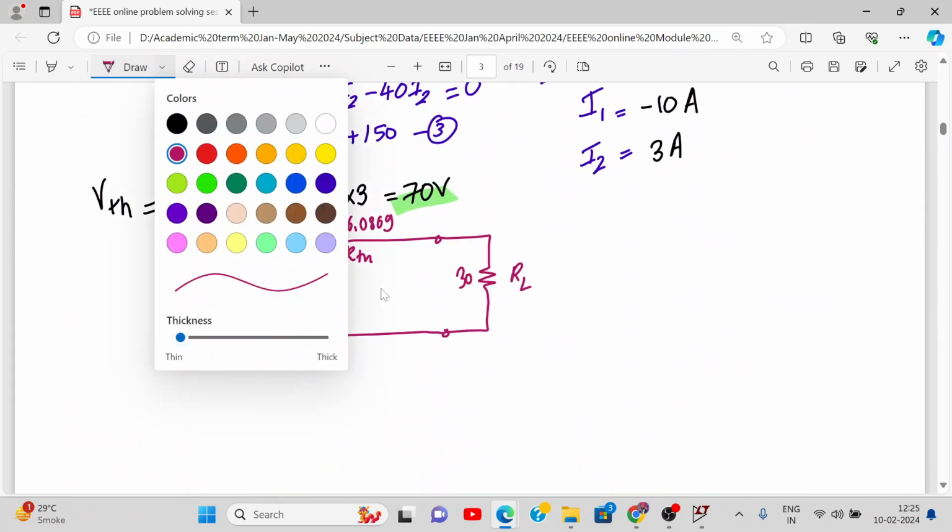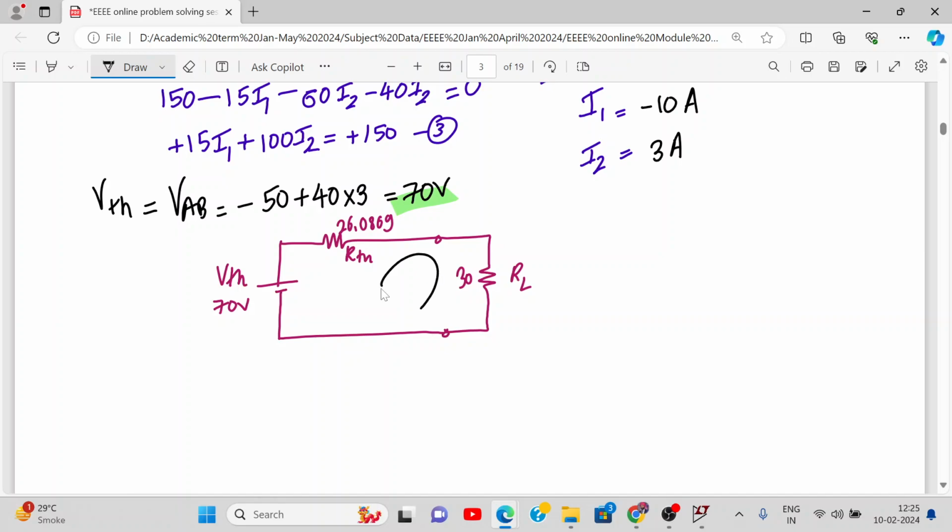Can you find current through 30 ohm resistance? So I30. How much is I30 now? Yeah, V upon R, right? So it's 70 divided by 26.0869 plus 30. Can you calculate this? And let me know the answer.